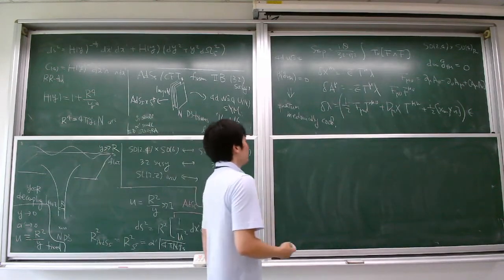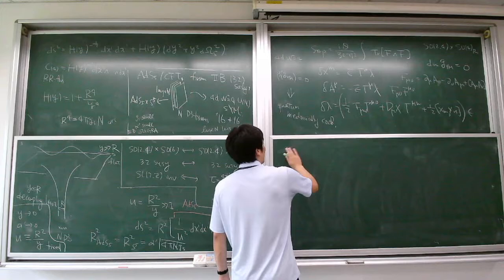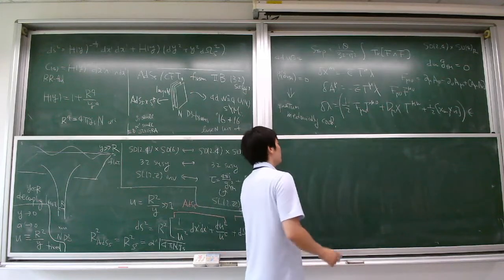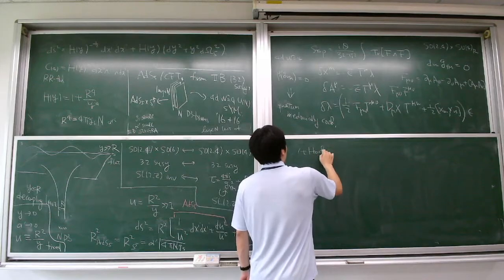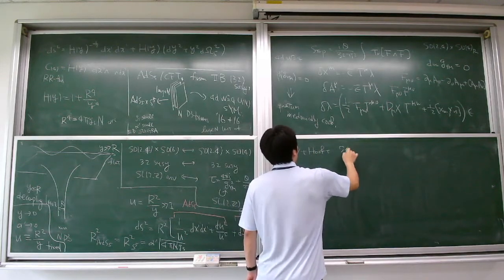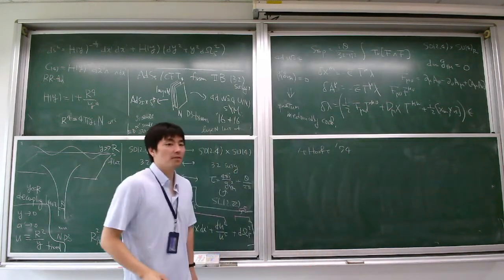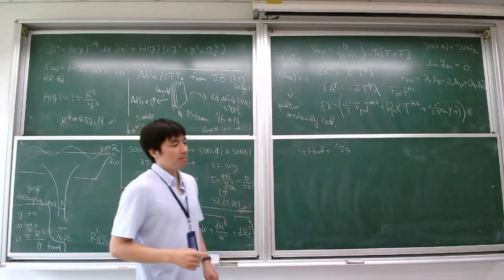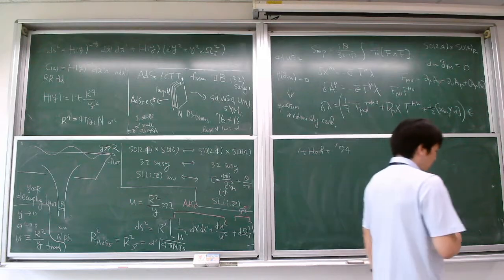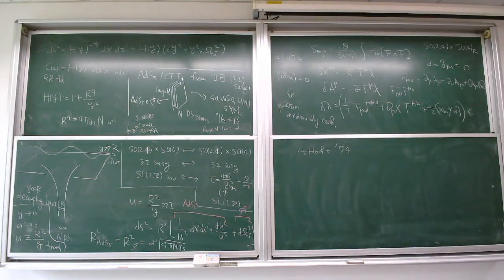As I mentioned, this large N limit was first proposed by 't Hooft in 1974. So he predicted that the large N limit of Yang-Mills is described by string theory.